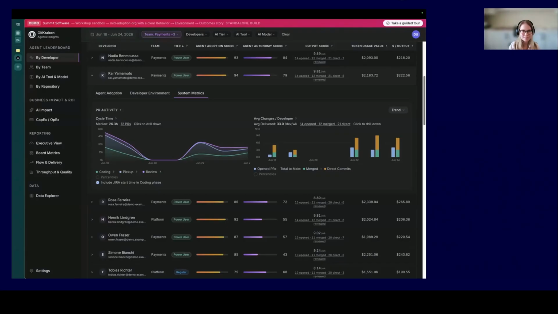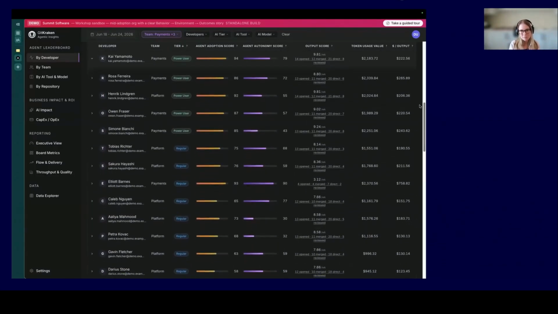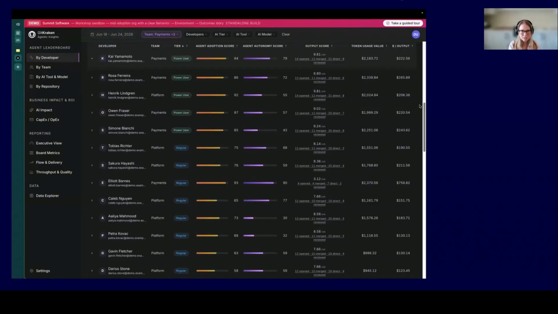There was lots of curiosity: oh, it seems this guy is doing something interesting that I can learn from. Instead of a top-down kind of movement on how we can do this, people were just reaching out to their peers or people from other teams: hey, can you show me how you're orchestrating your agents?